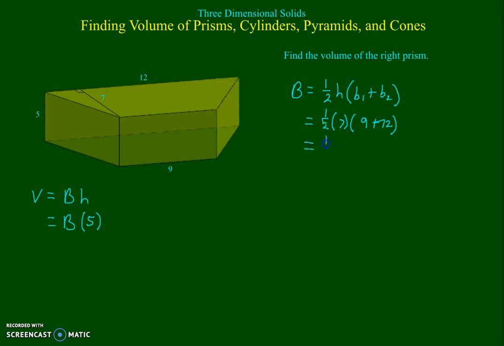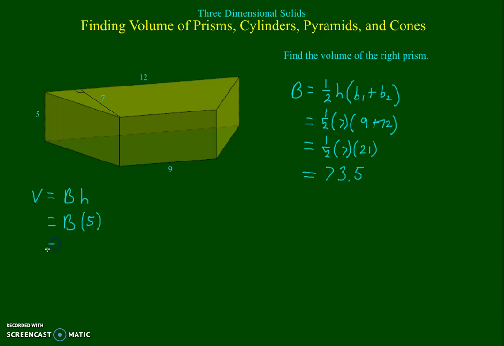So this becomes 1/2 times 7 times 21, which is 73.5.